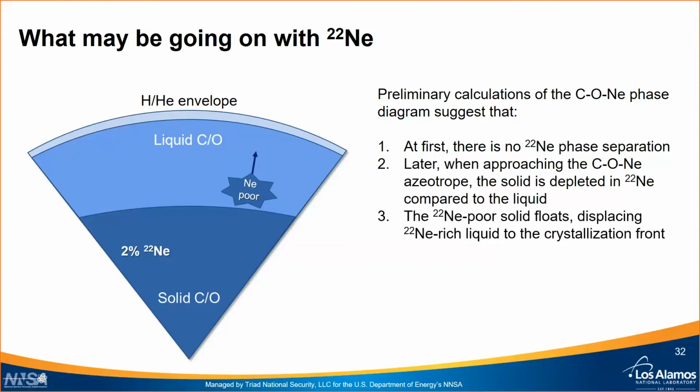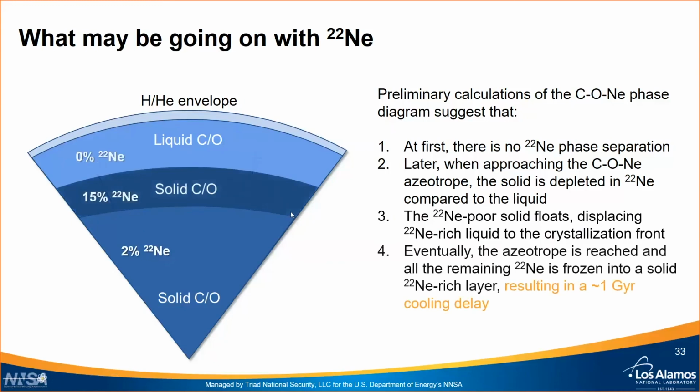By floating like this, it will displace liquid close to the crystallization front, and this liquid will contain more neon than what we add in the solid, which means that gradually we are increasing the concentration of neon close to the crystallization front, and eventually it's enriched enough that we reach the azeotrope point and everything freezes at this azeotropic concentration.